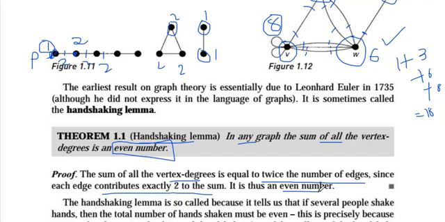This edge is counted once in vertex P and once in vertex Q. And this edge is counted once in Q and once in vertex R. So the sum of vertex degrees is equal to 2 times the number of edges, so the summation of all the degrees of vertices always has to be an even number.